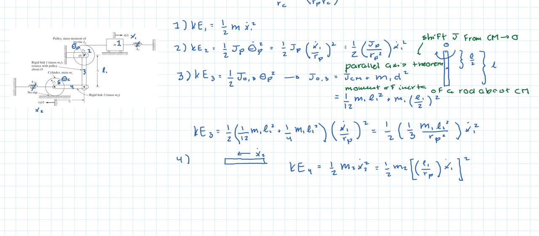And so finally what we have is that it's equal to 1/2 times L1 squared m2 over RP squared times x dot sub 1 squared.